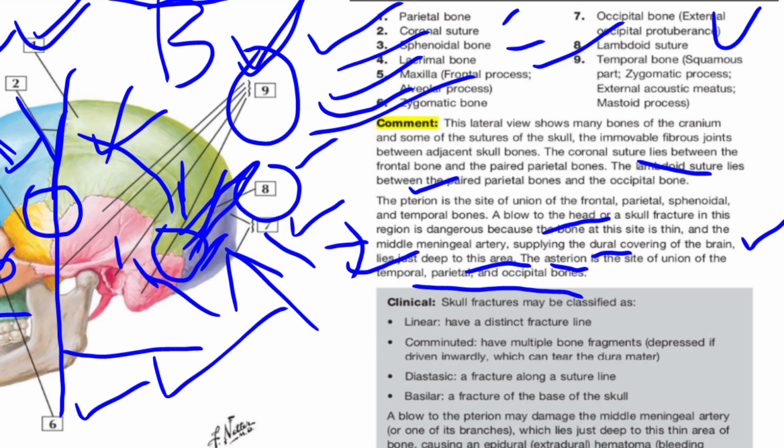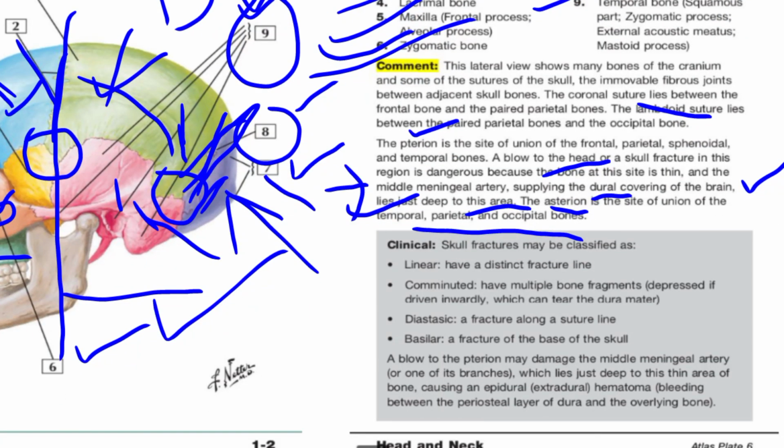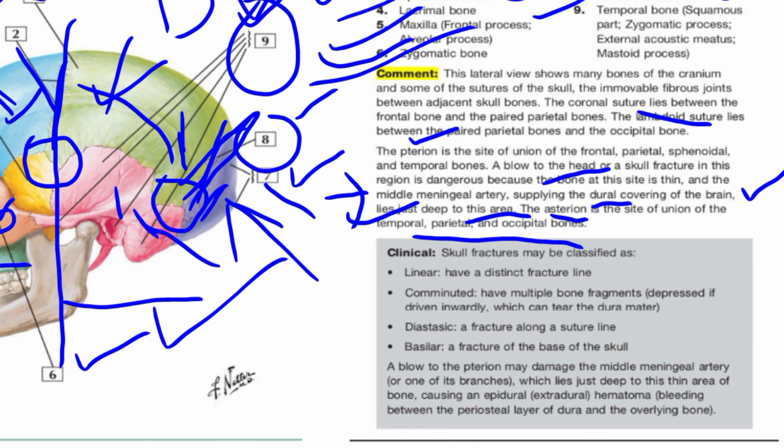And the clinical we will discuss is skull fractures. This clinical is very important. In this playlist we will discuss the comment, all the labels, and its clinical very briefly. In just 5 to 10 minutes you can get a lot of knowledge.